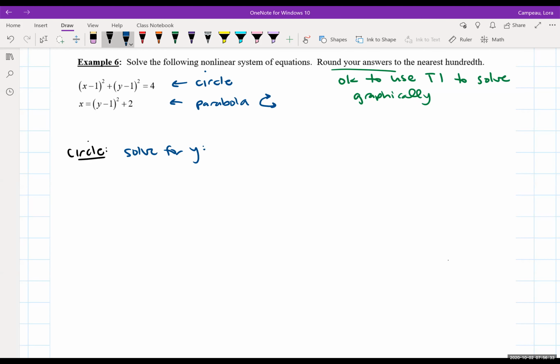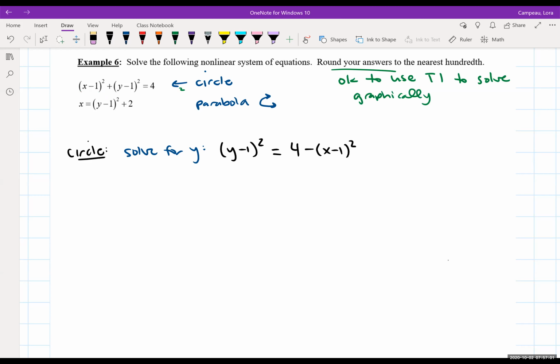So if I'm going to solve the circle equation for y, I'm going to leave the y minus 1 squared on one side. That involves subtracting the x minus 1 squared from both sides. So that will leave us with 4 minus x minus 1 squared. To solve for y, we still need to take the square root of both sides.